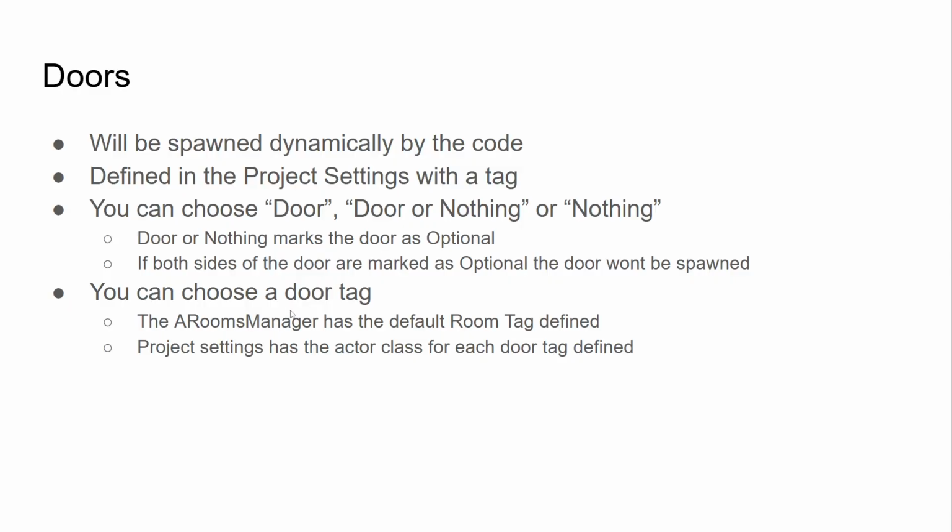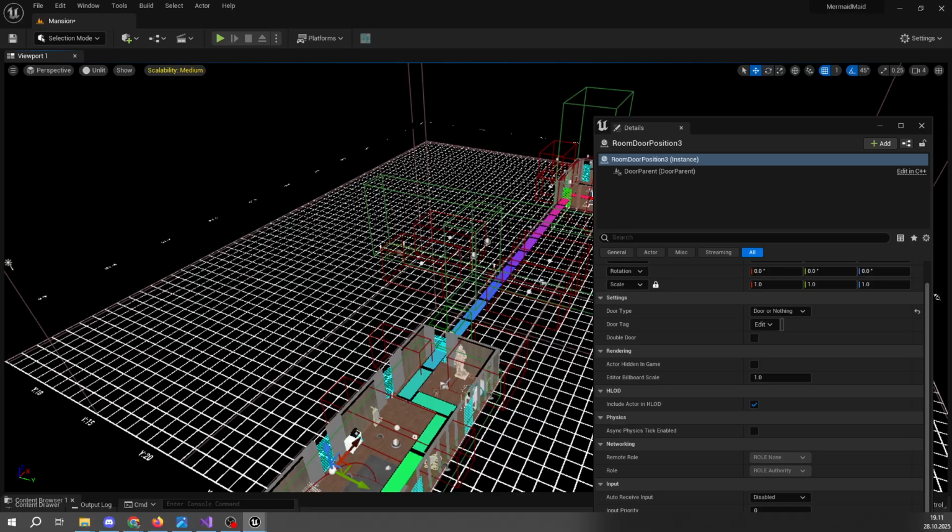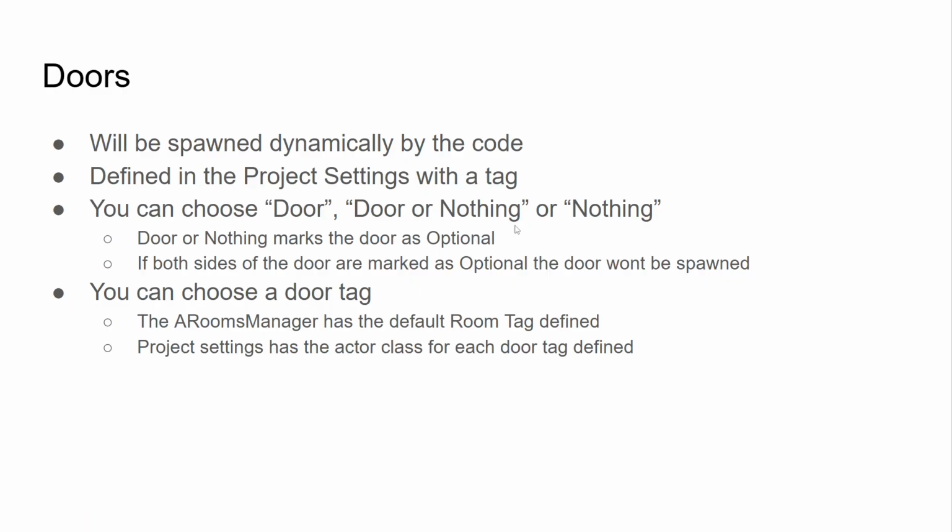It can be door or nothing, and nothing means that it's an open corridor. If there are two door-nothings spawning at the same position, then it spawns a nothing, meaning an open corridor there, and it will also try to spawn a corner actor there if necessary, so that there won't be a gap in the corner of the wall.